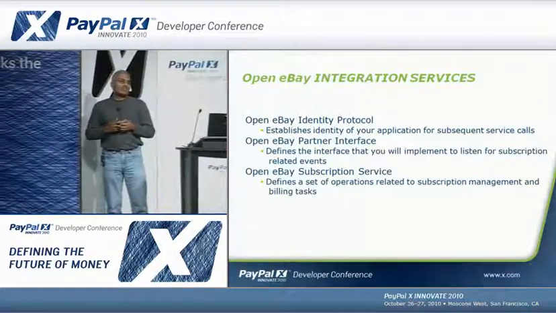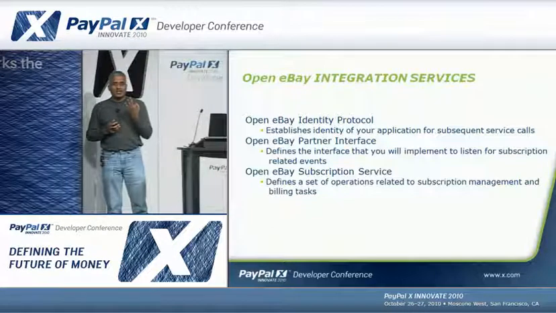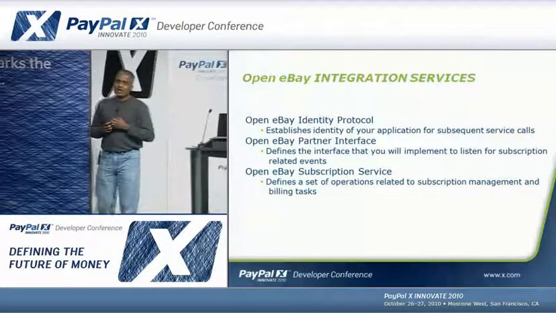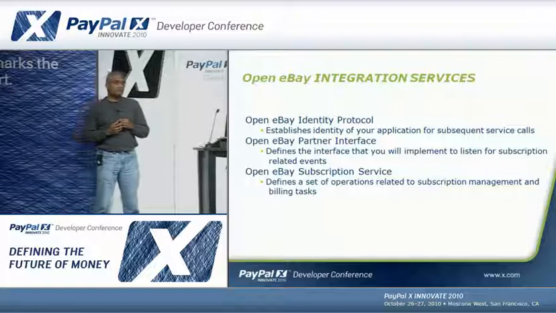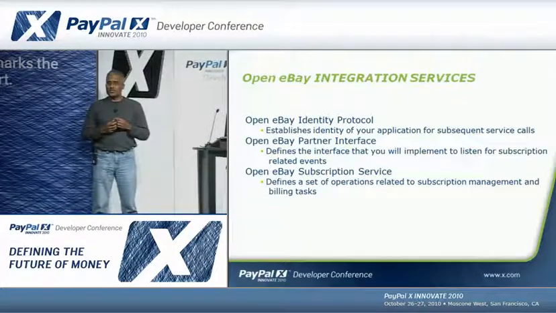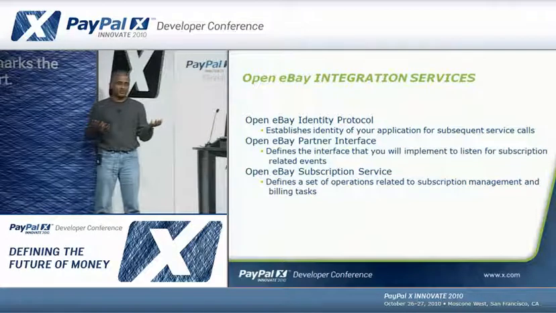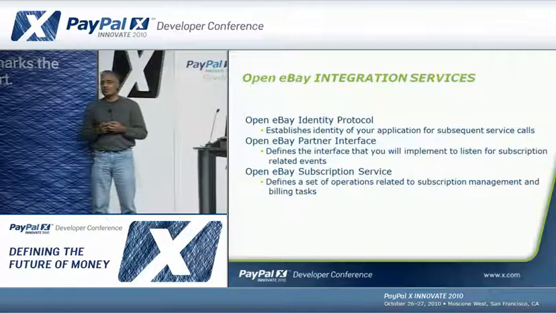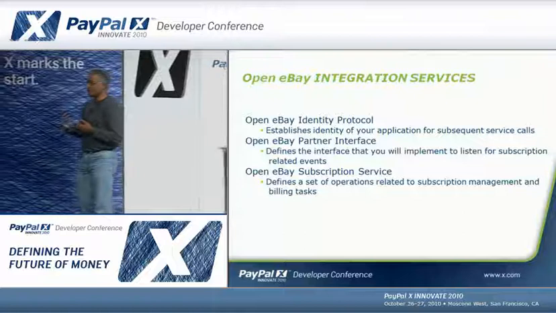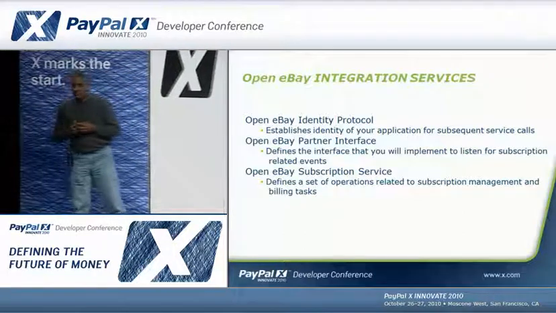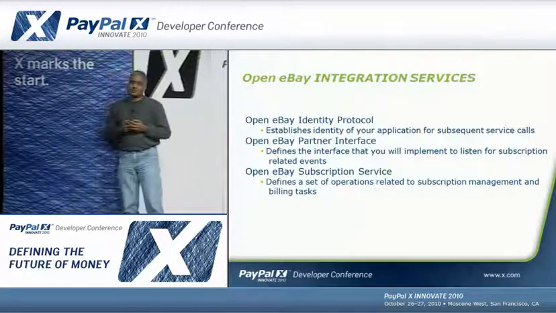What does it take to integrate with Open eBay? There are 3 basic services. One to do with identity management. How do we exchange credentials between our 2 systems? The second piece is about the partner interface, participant interface. We'll talk a bit more later, and the subscription service.